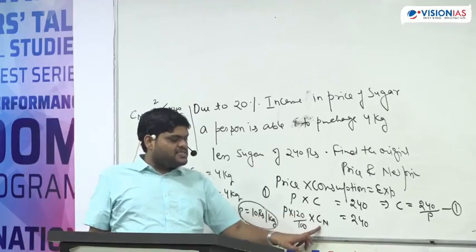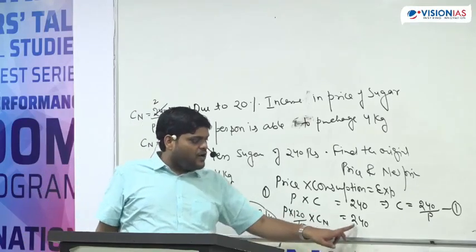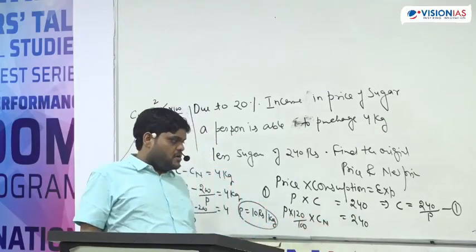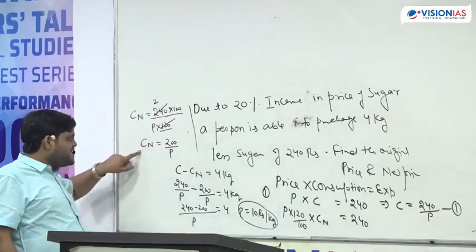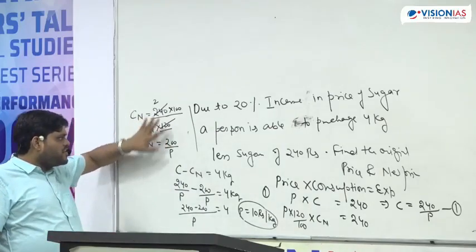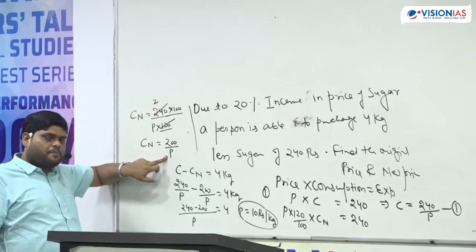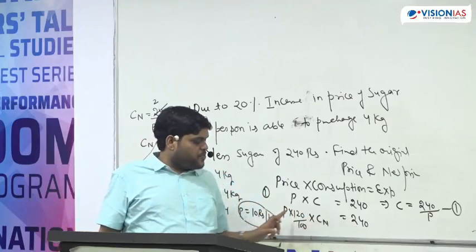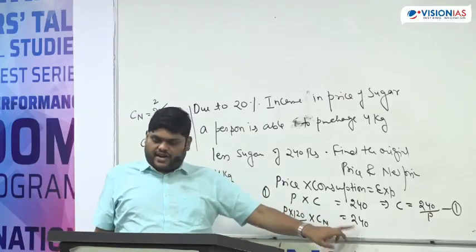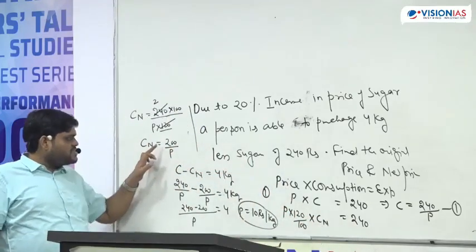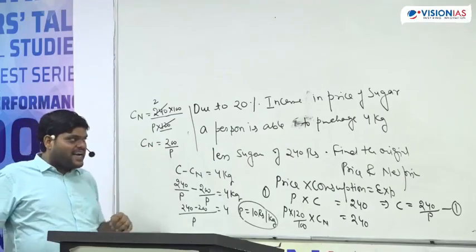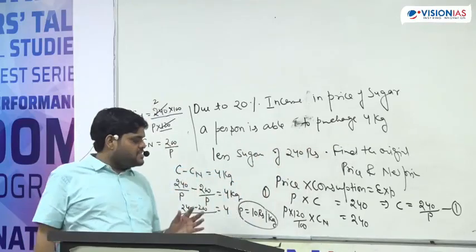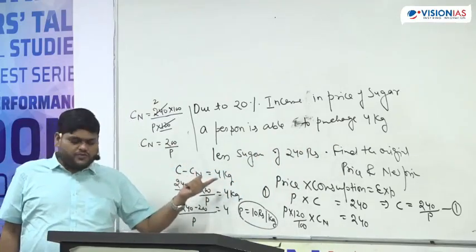We have taken consumption as Cn and now the expenditure is not changing. It is still 240. So from here we can say that Cn is equal to 240 upon P into 120 upon 100, and when we solve, this is coming as 200 upon P. Now the person is able to purchase 4 kg less sugar, that means the difference between the two consumptions is 4 kg.